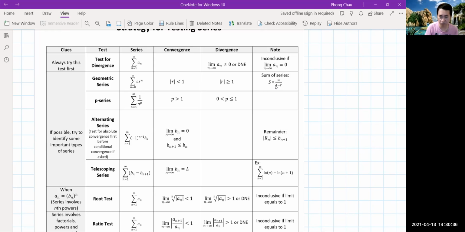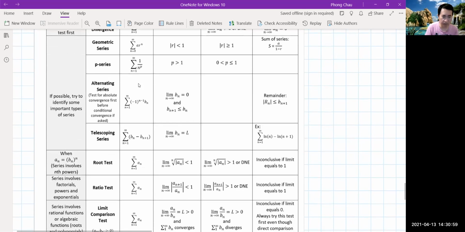A is the first term, r is the common ratio. Then we have a p series. A p series is 1 over n to the p. Okay, p bigger than 1, it converges, and if it's less than or equal to 1, and of course p has to be a positive exponent, it diverges.